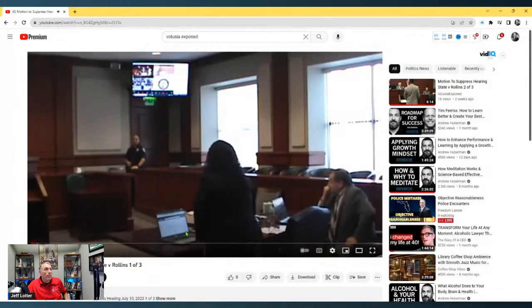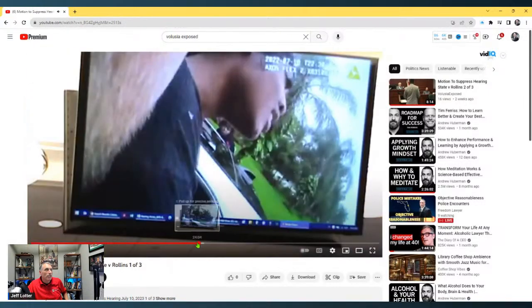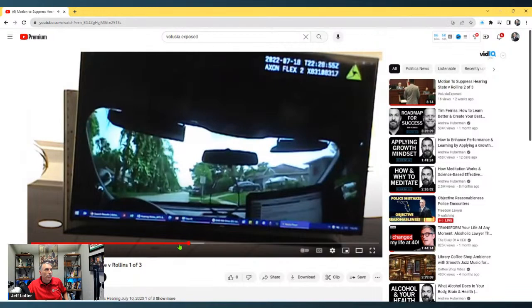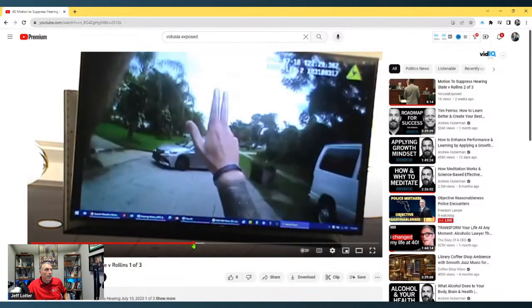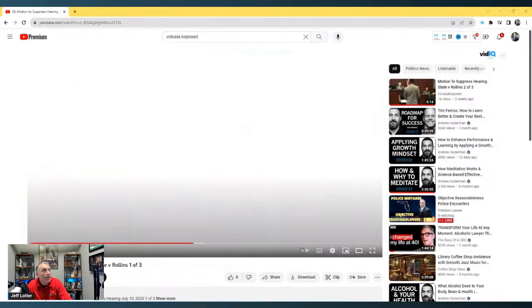Oh, here's what's different. Sorry, guys. Right there. So what's different in this screen right here that is not the case in the other scenario? The car's windows are tinted.